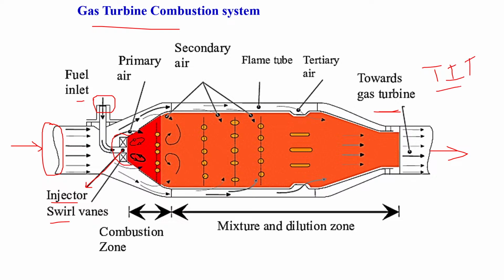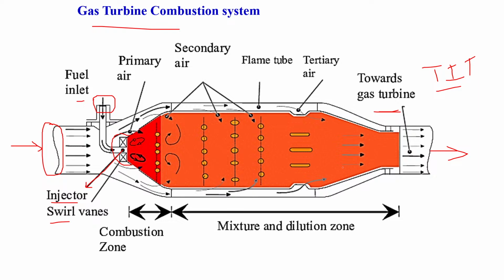This is nothing but the turbine inlet temperature. Based on the material and design of the turbine, we should have some range of temperature. So we need to achieve the temperature with this combustion system with fewer emissions. That is the main objective of this combustion chamber.